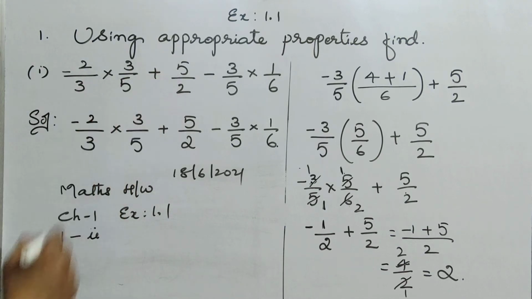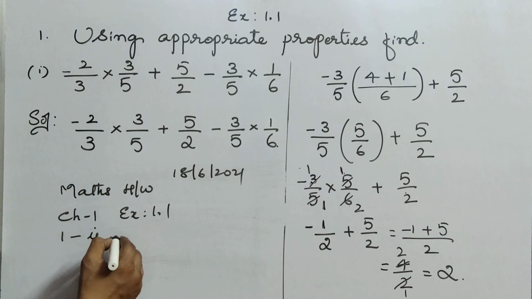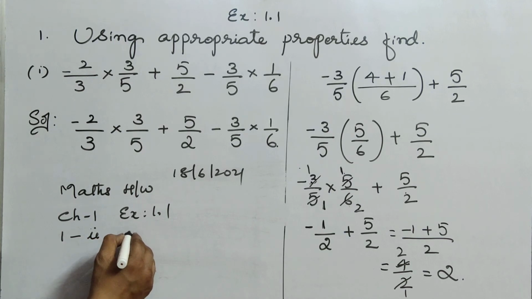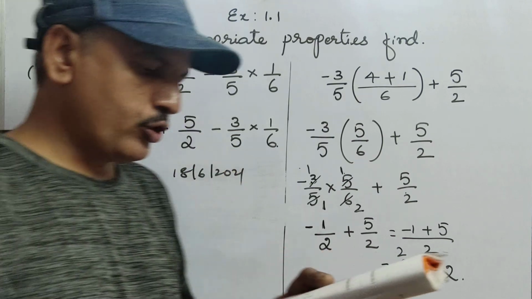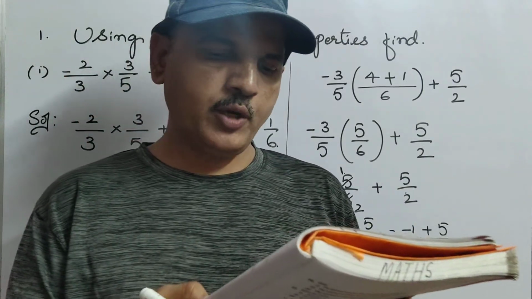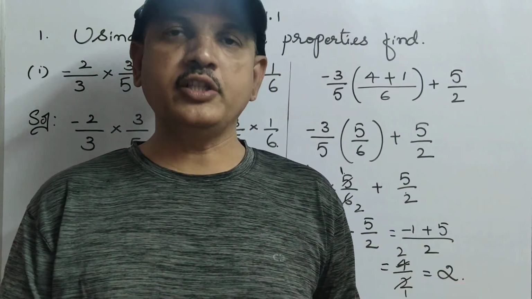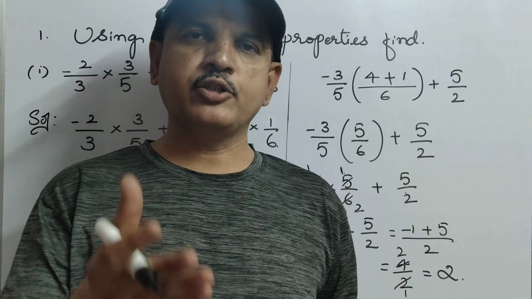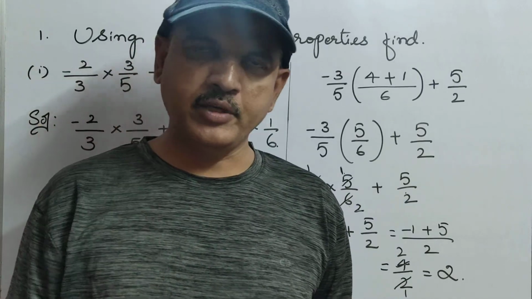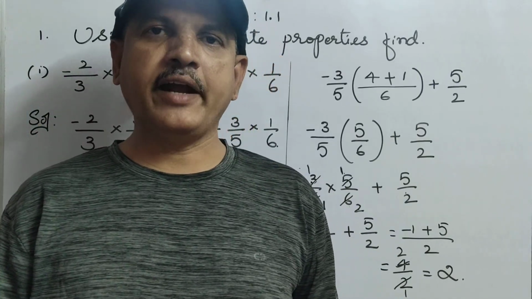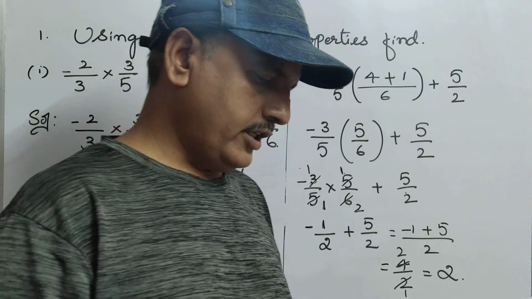Because first sum already I did. And fifth question, just now I explained what is multiplicative identity, what is additive identity. That means the fifth Roman is asking to name the property under multiplication used in each of the following, either commutative property or associative property or multiplicative identity or whatever the identity used, you have to write that one.